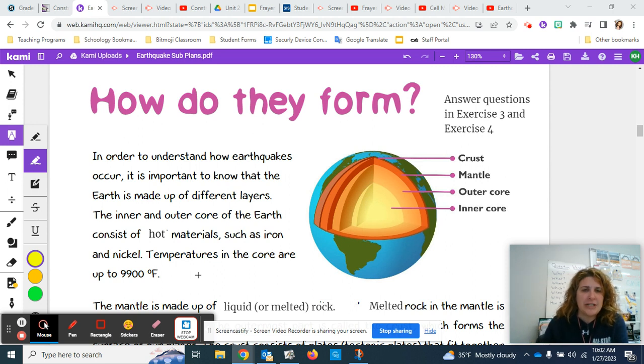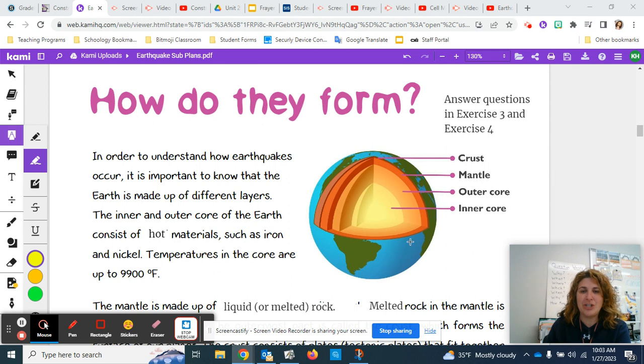So, in order to understand how earthquakes occur, it is important to know that the earth is made up of different layers. The inner and outer core of the earth consist of hot materials such as iron and nickel. Temperatures in the core are up to 9,900 degrees Fahrenheit.